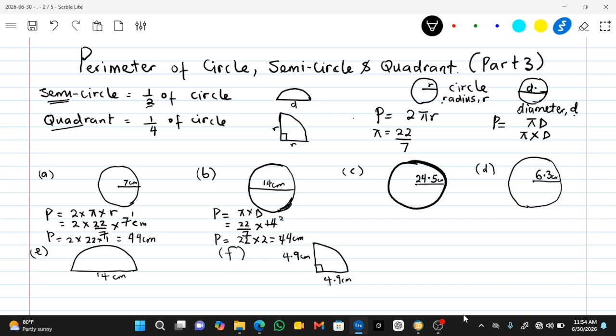Now this third part, you notice we are given the radius, so we go back to the formula that has radius, 2 pi r, 2 times pi times r. So perimeter should give us 2 times 22/7 times 24.5 centimeters.